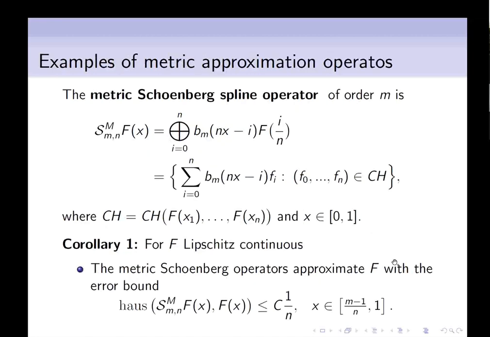And we consider some specific operators. As an example, again, we take the metric Schoenberg spline operator. Here is its definition. It is our metric linear combination with coefficients. And we just specialize it for Lipschitz continuous multifunctions. Here is our approximation result.